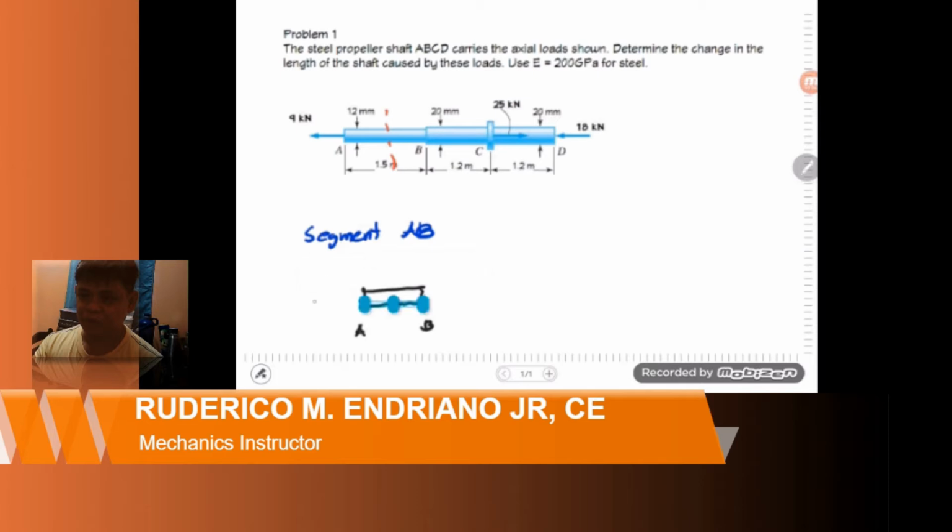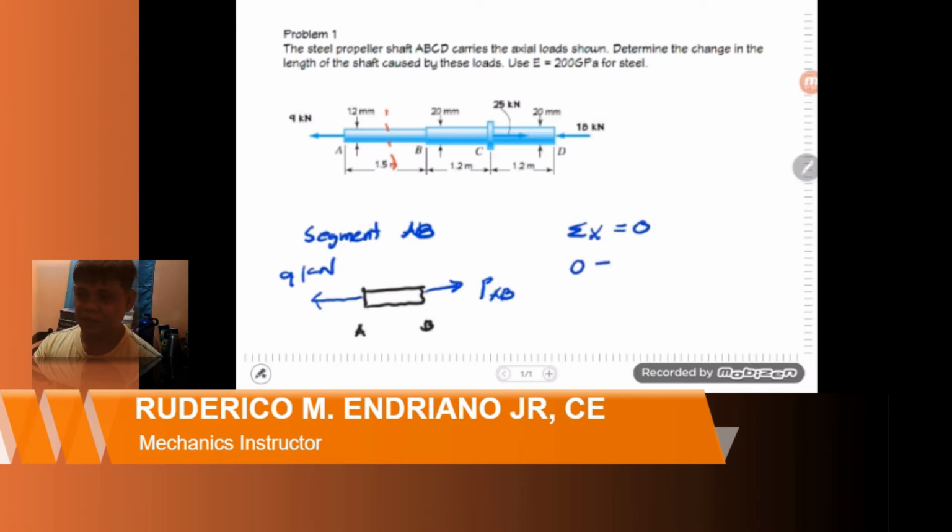So we have to include the external force at A, that is 9 kilonewton. And then to make this in equilibrium, we need to apply the force that is opposite the direction of the load, and that is our internal force in AB.